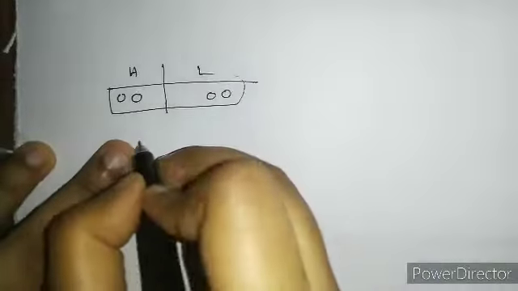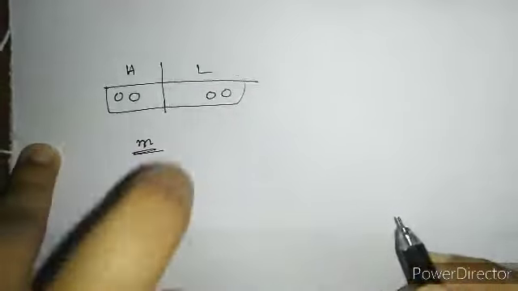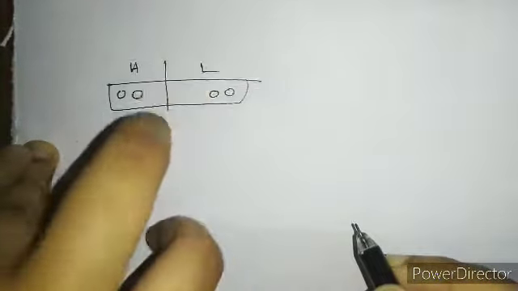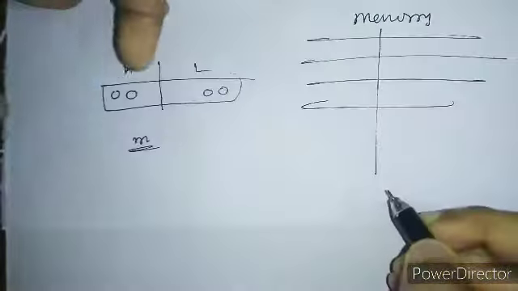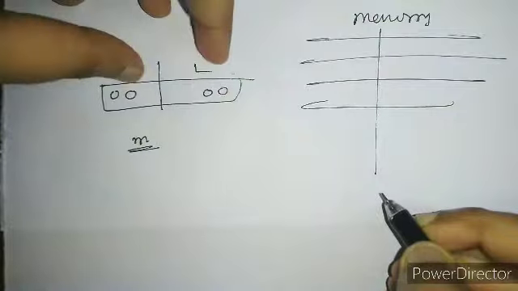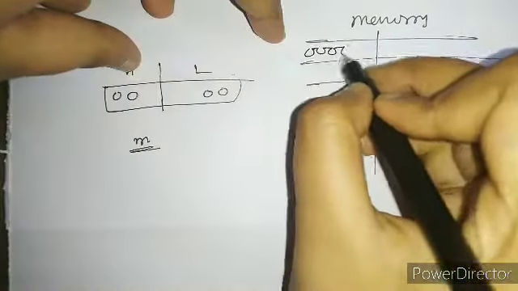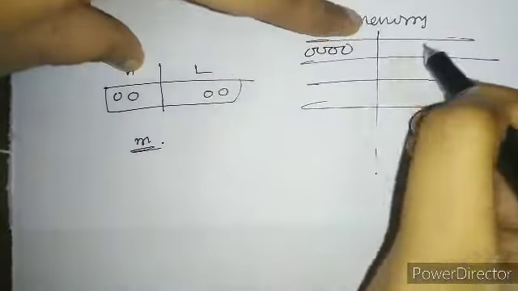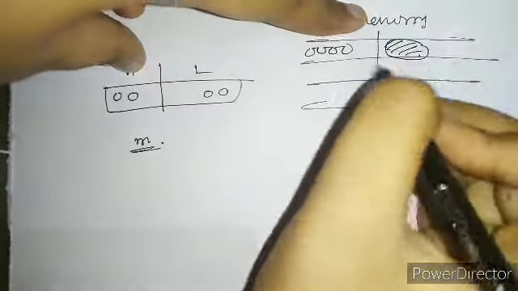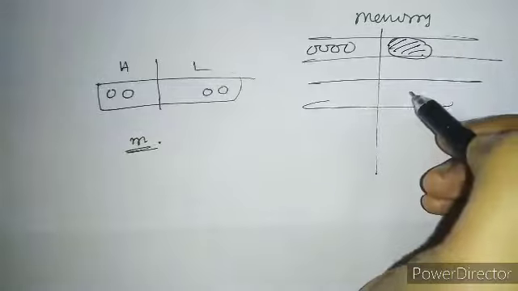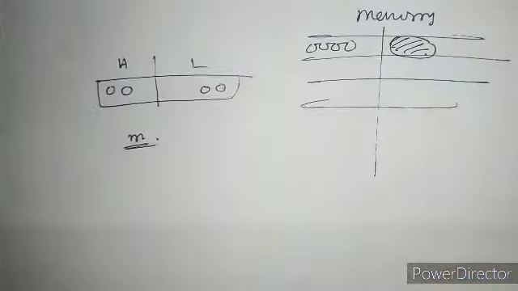Now, what does M understand? M first checks what is inside HL. Now it goes to memory. At memory, it finds the address pointed to by HL, 0000. Now, what data is there? It can read from there, or you can obviously write also. This is what M does.